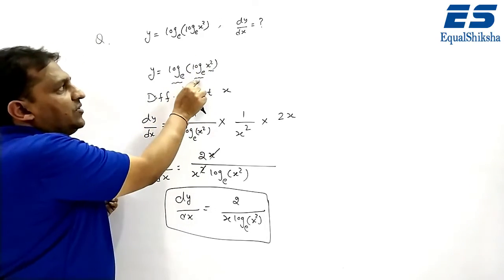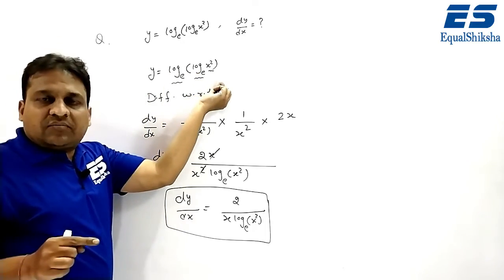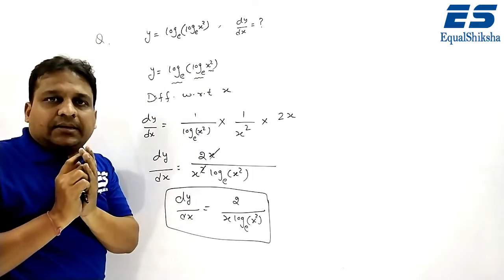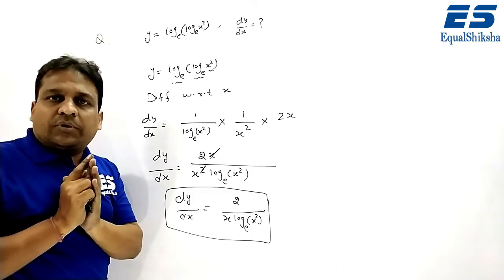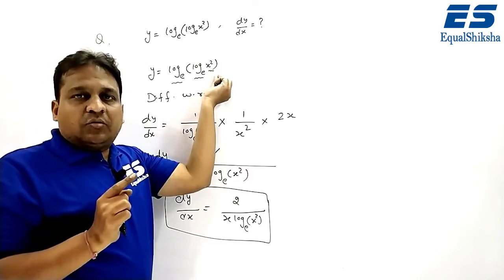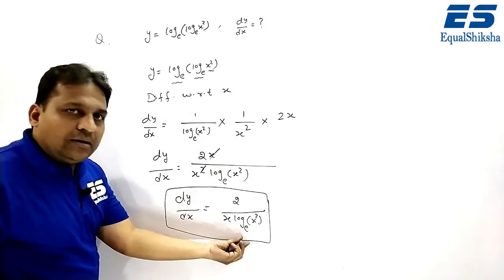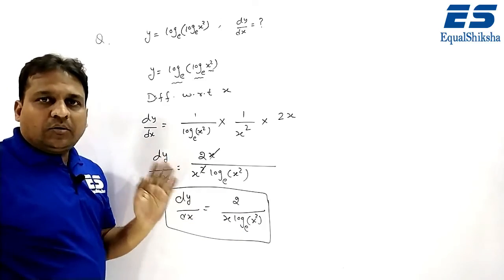Then we have to differentiate the second function. For differentiation of the second function, the remaining third function will be considered as x, and the differentiation of log x is 1 upon x. So there will be 1 upon x square, and the differentiation of x square will be 2x. Then we solve, and this will be the final answer. Is it clear? Okay, note down.